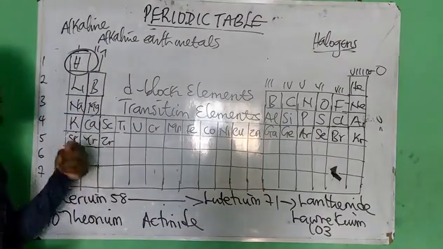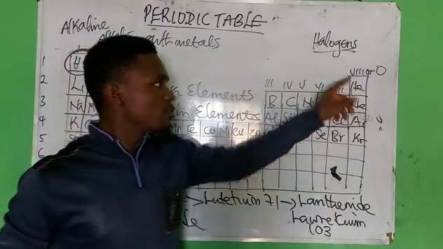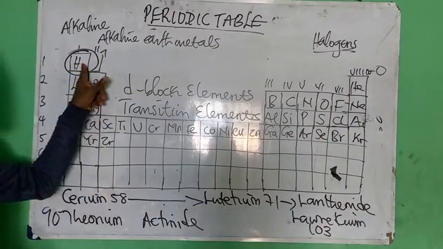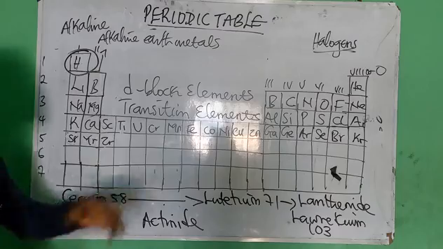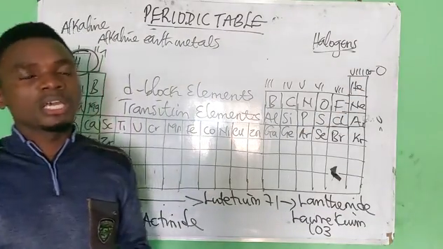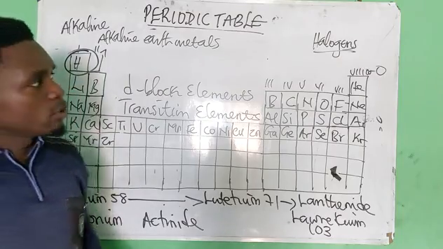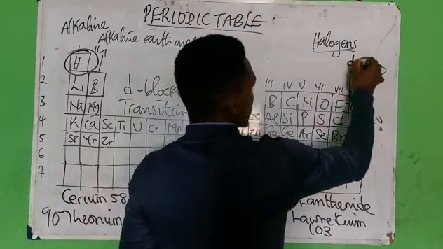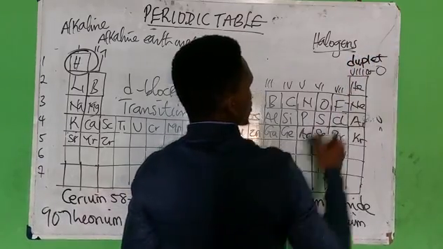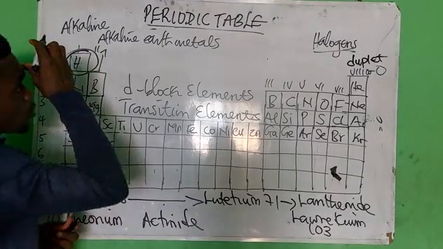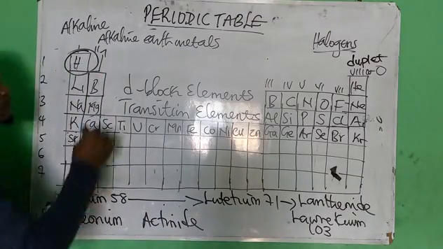Which of these is used to fill a balloon? Please, it is helium, because helium does not support combustion, but hydrogen does. Hydrogen can undergo reactions, but helium is a noble gas. It cannot undergo a chemical reaction because it has a duplet state of what? Configuration. All right. And hydrogen has 2 oxidation states.